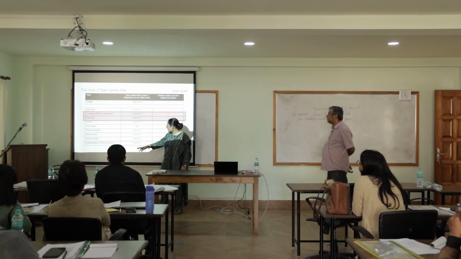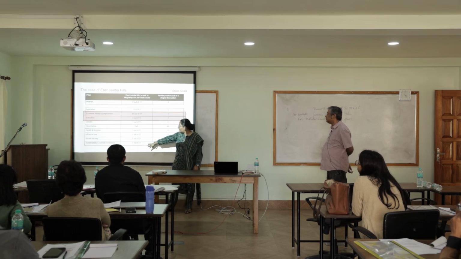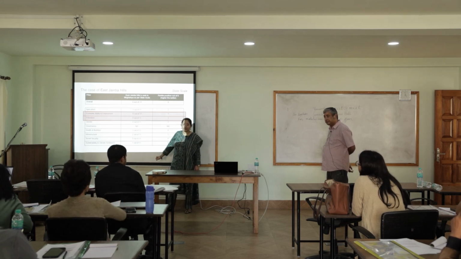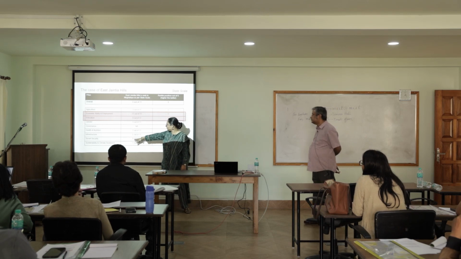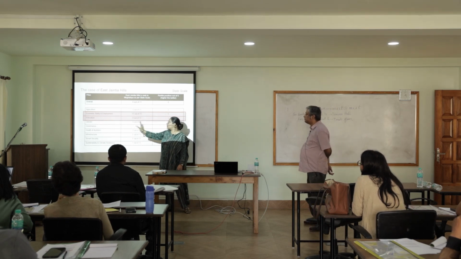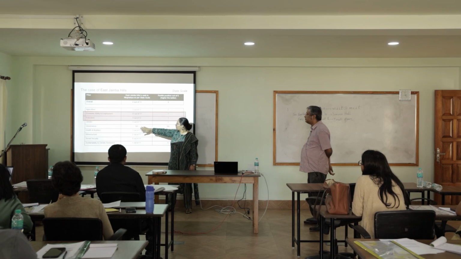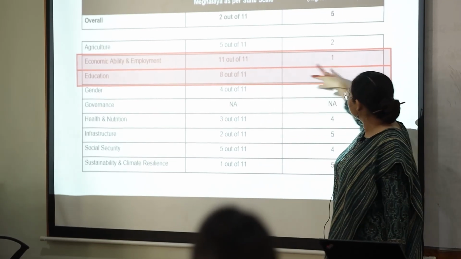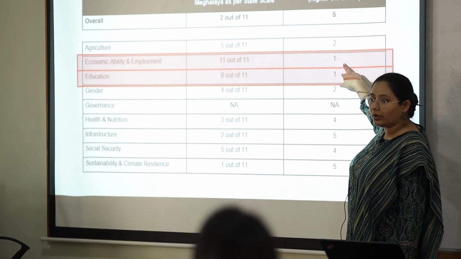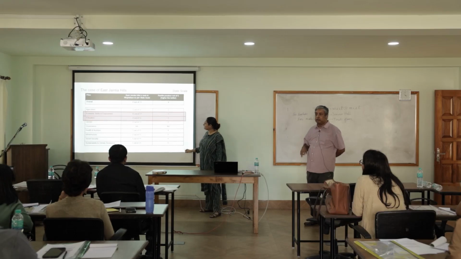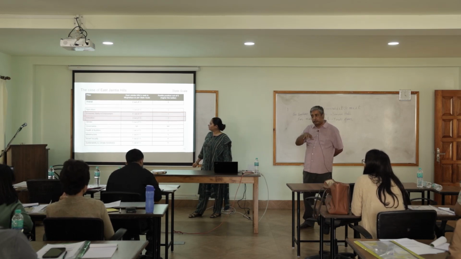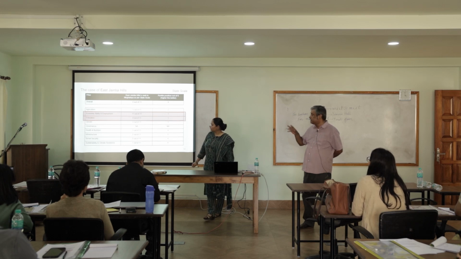And in sustainability, you are number 1 out of 11, that is first. There was no data available under the governance pillar, so we'll drop it for now. You were at number 4 in gender. So these 2 pillars were really bringing down East Jaintia Hills vis-a-vis the other 10 districts.